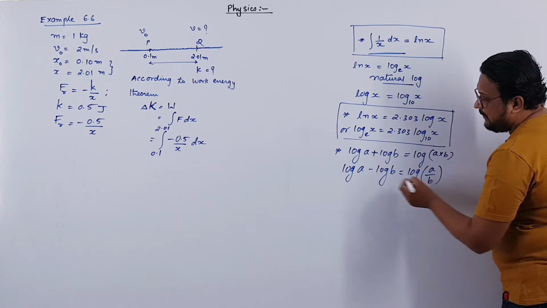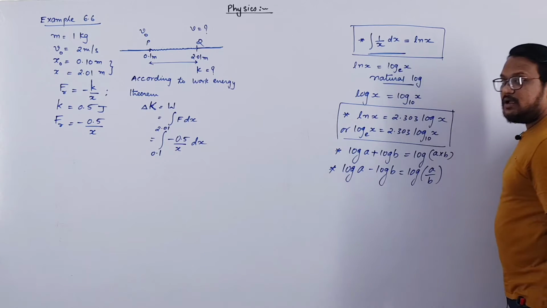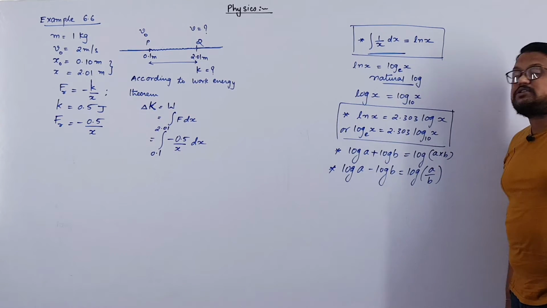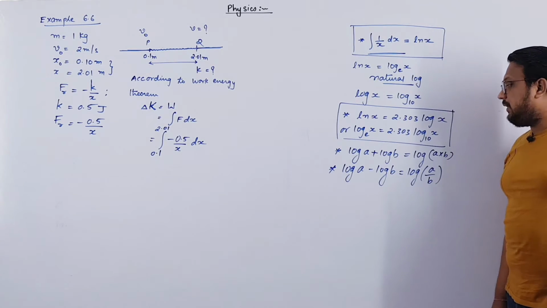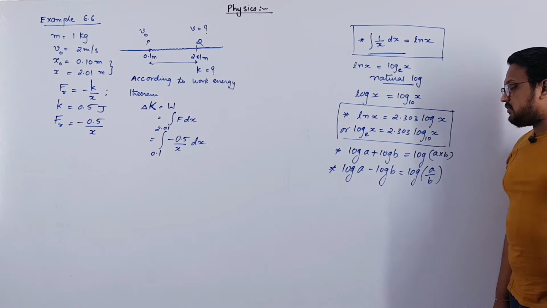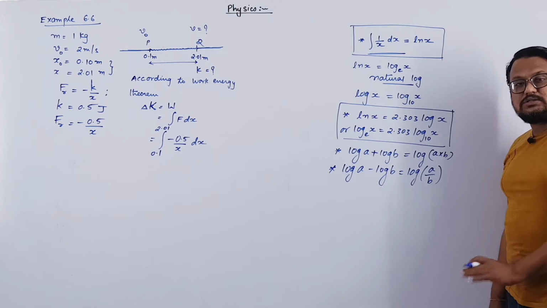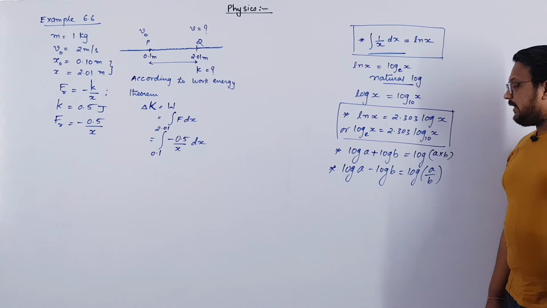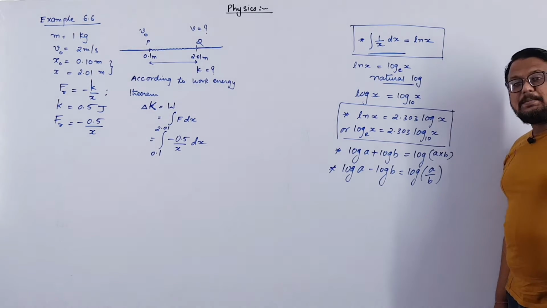These are standard formulas and you have to remember them. There is no such derivation for this at this time in mathematics. Students who have taken maths may come across this, but otherwise you have to remember it. Log a plus log b is log of ab. Log a minus log b is log of a by b.